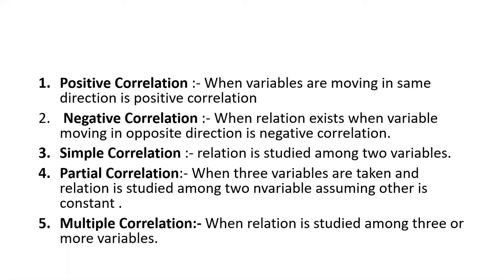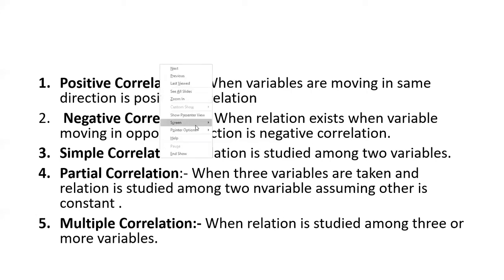Let me tell you an example for this. Partial correlation means that you will take three variables, and one variable among them will be constant, and only the two variables will be studied.